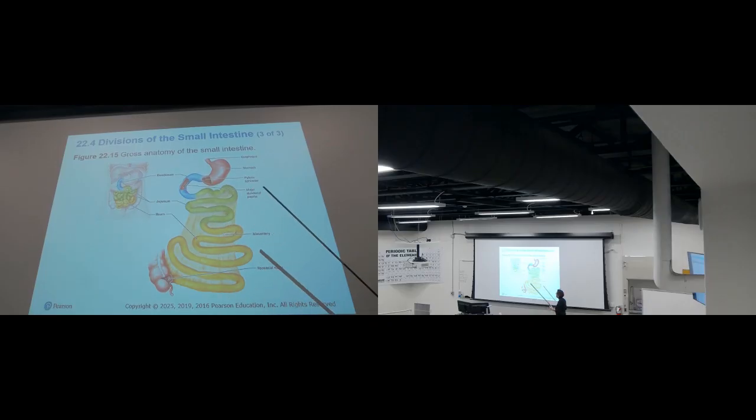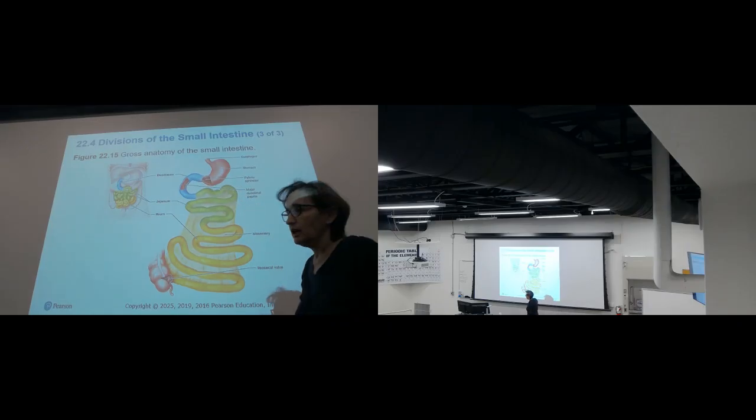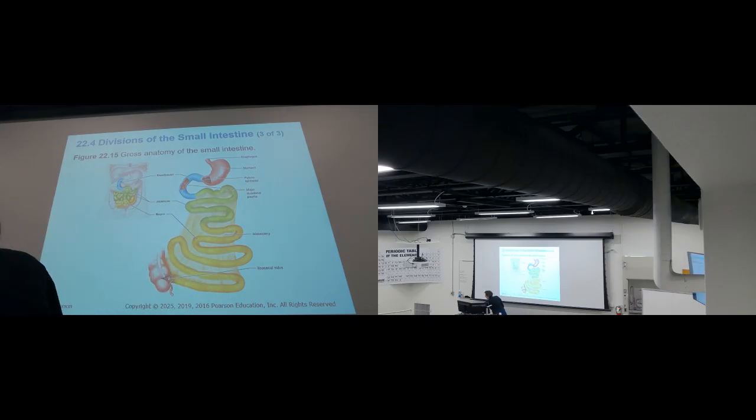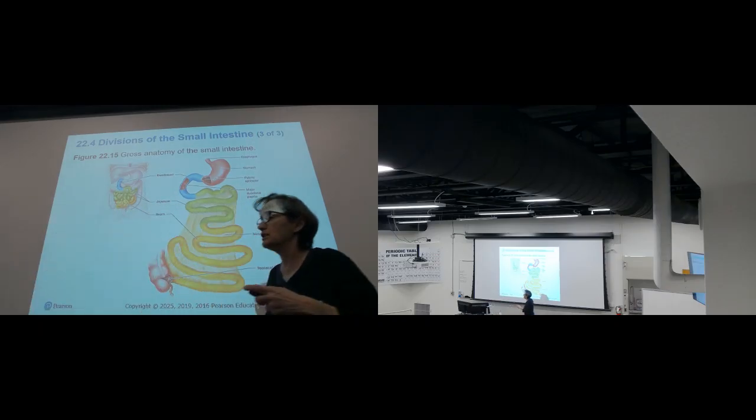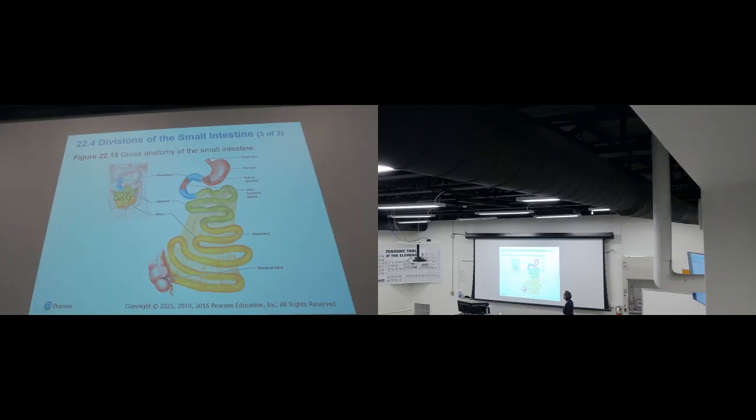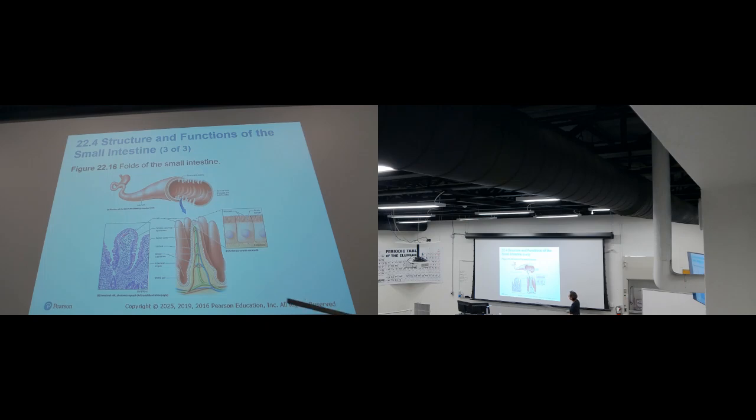But the lipase that comes from the pancreas is released here because that's where we have the opening for the pancreatic duct, the main pancreatic duct. And then you will have these lipids that can be absorbed into the lacteals, which are found in here in the enterocytes.